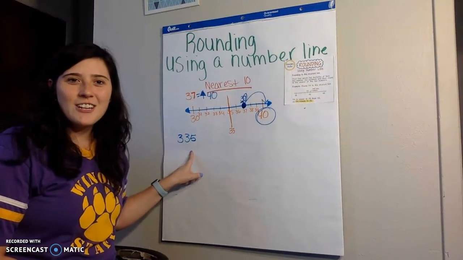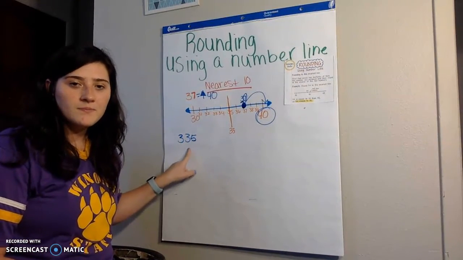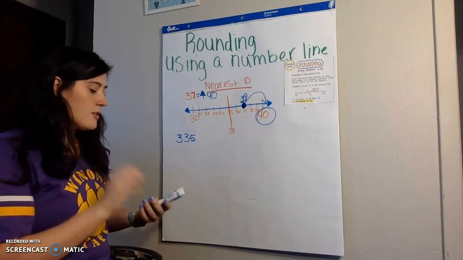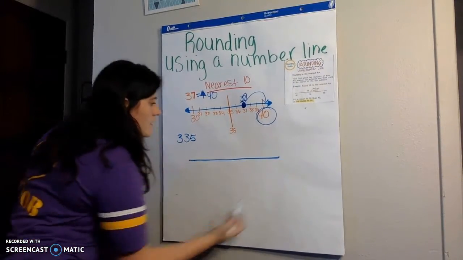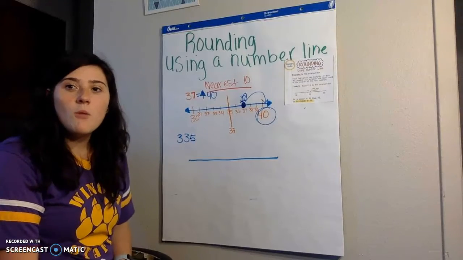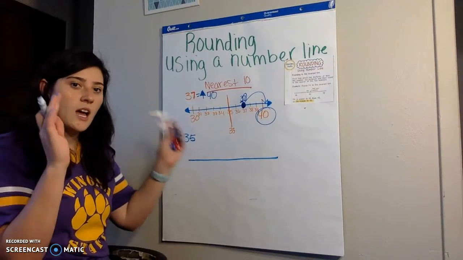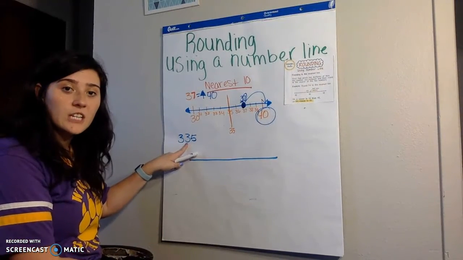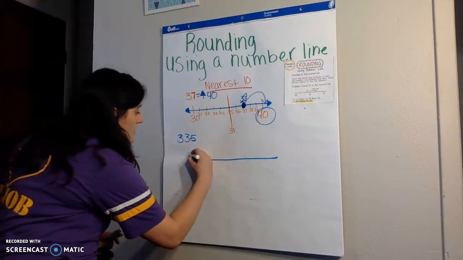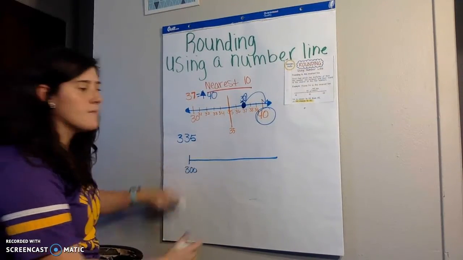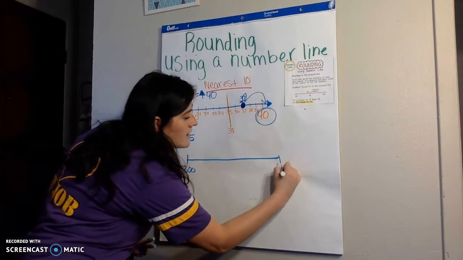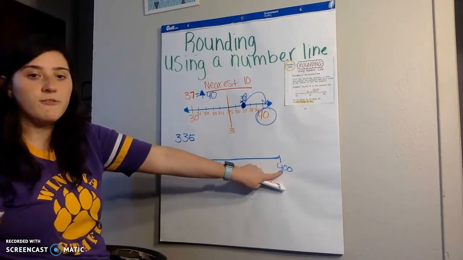So 335 is my number. I'm going to do the same thing that I did here. I'm going to draw my number line. And I know my hundreds, the two hundreds that 335 is going to be in between. I know that there's going to be 300. That's easy. My next 100 that comes in order is going to be 400.